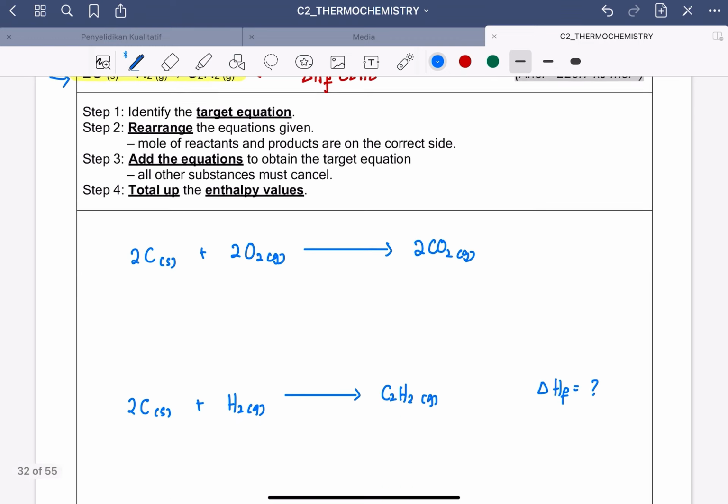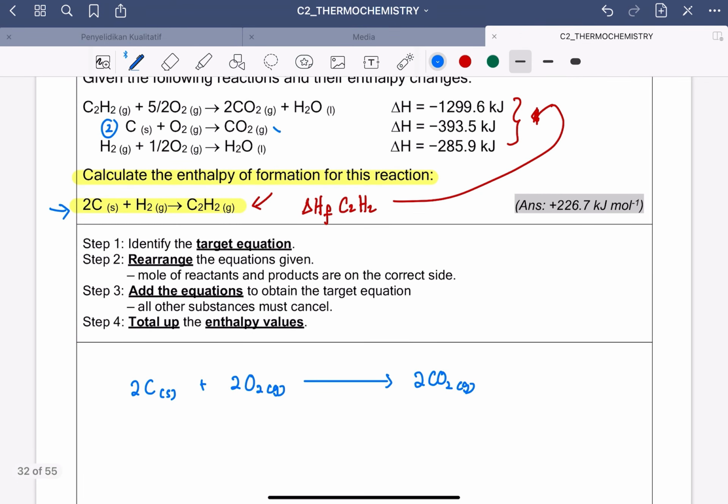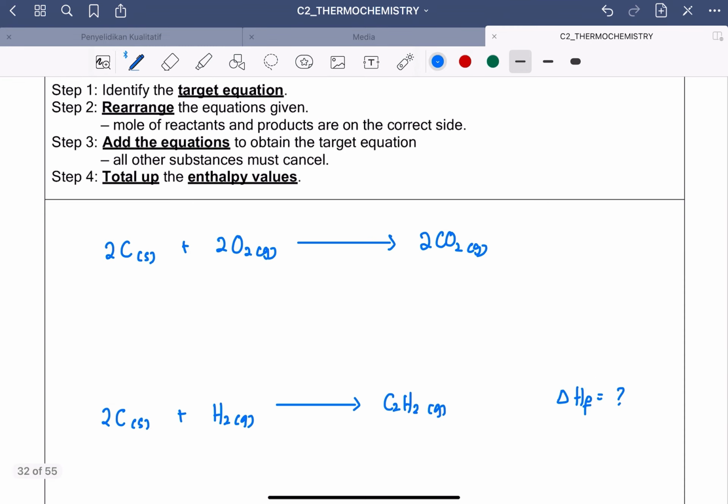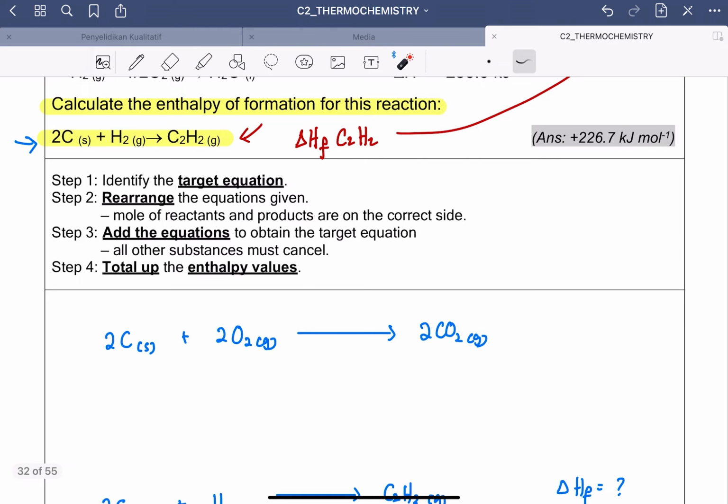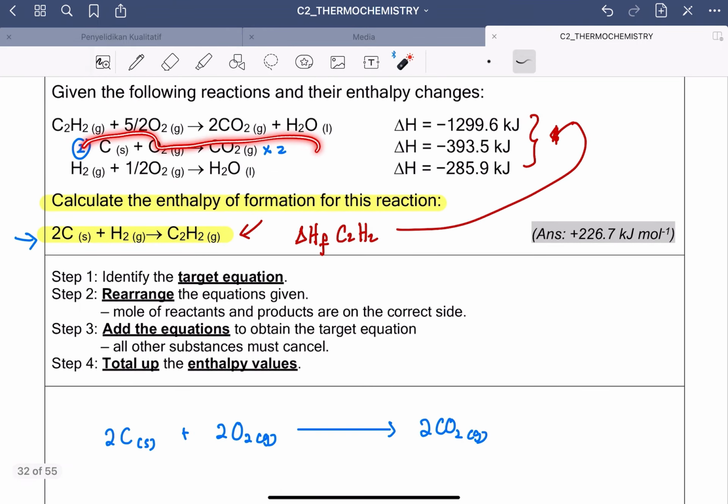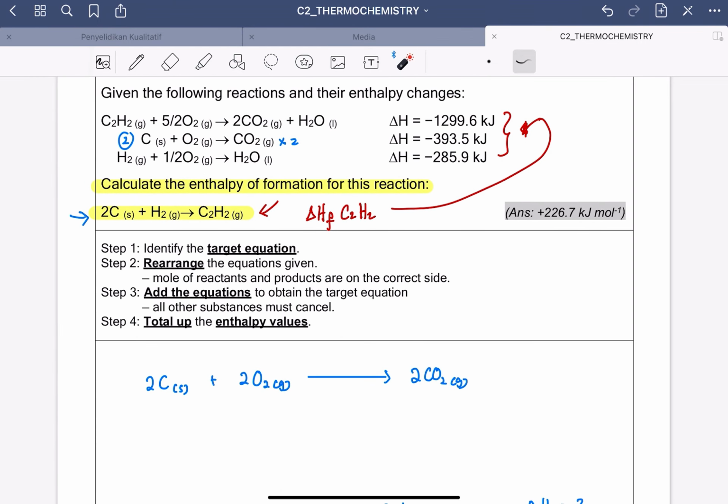Why did I multiply with 2? As you can see, I multiplied this one by 2 because our target is 2 carbon. So equation number 2, you have to multiply it with 2. Same goes to the enthalpy, we have to times it by 2 as well.